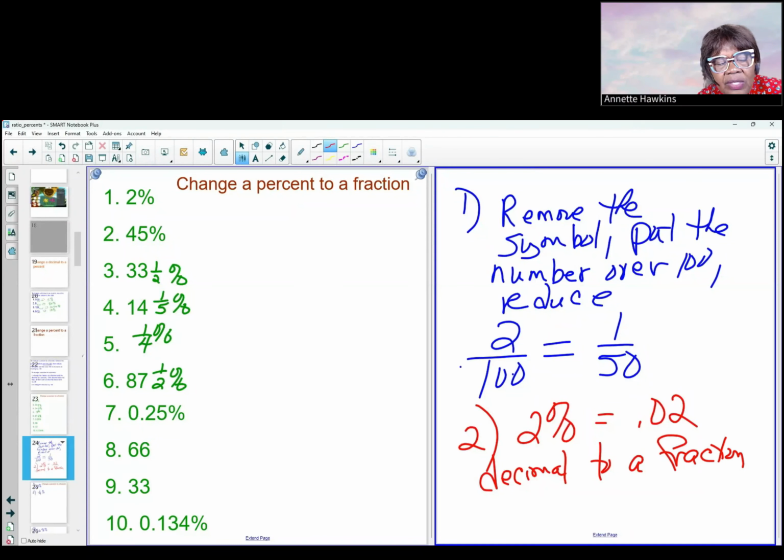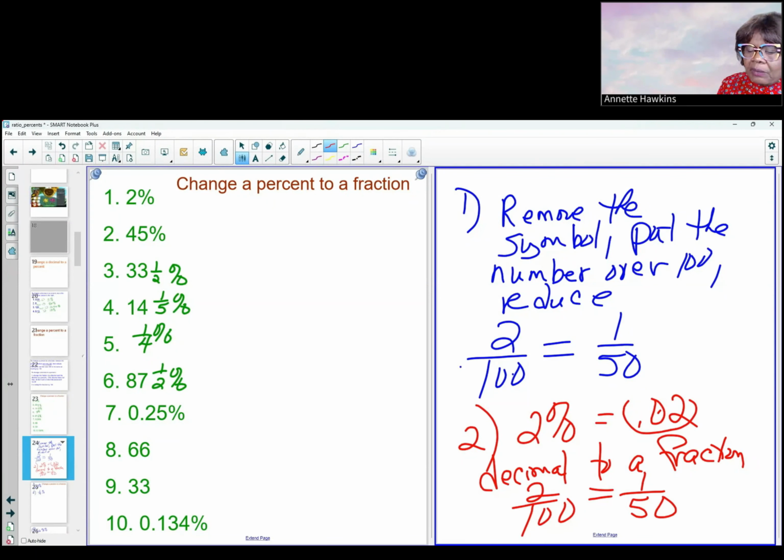Now, to change this decimal to a fraction, you have to read it correctly. Tenths, hundredths. This is 2 hundredths. Now, notice this just takes us back to where we were, and then you still got to reduce this to 1/50. So it just depends on what you're doing here. Okay. So changing the percent to a fraction.